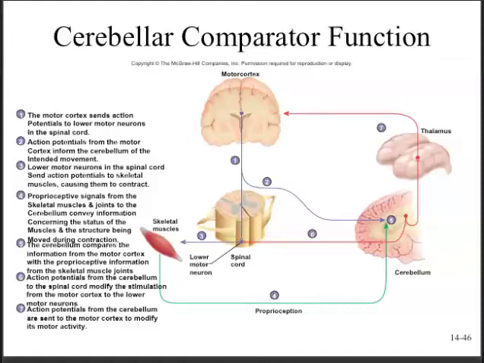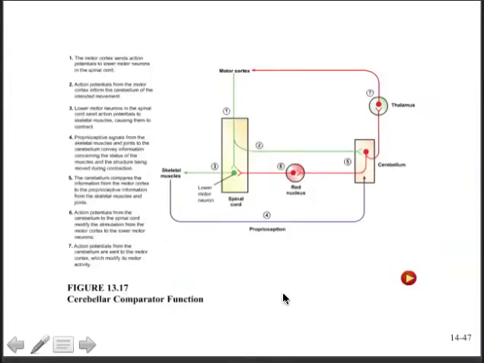So bottom line, again, is that the cerebellum can send via the thalamus information that's going to modify what's coming down from the cortex, and that in turn is going to modify what's going on at the level of the skeletal muscle. And this is just showing you, again, how the pathway works.